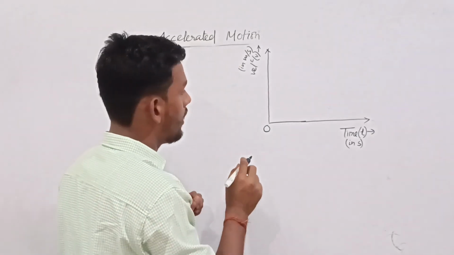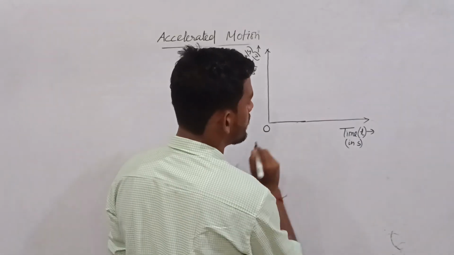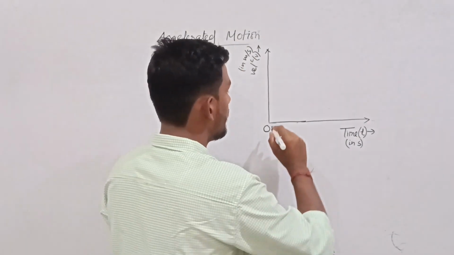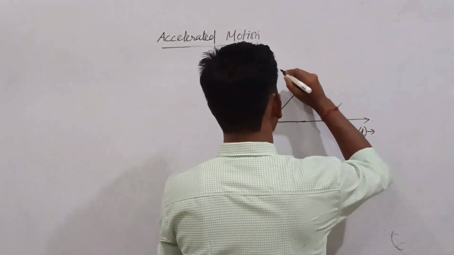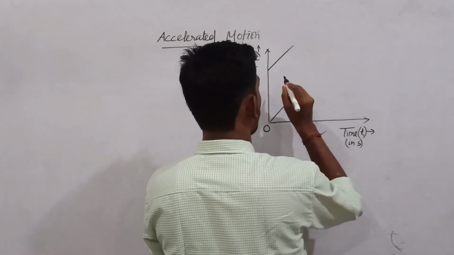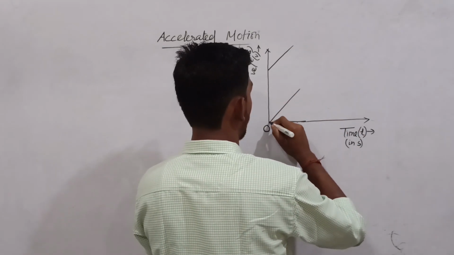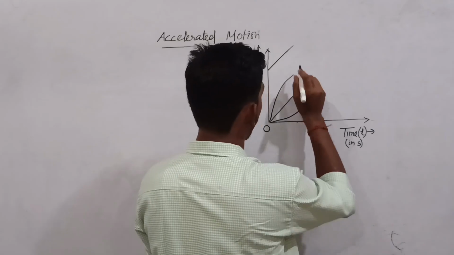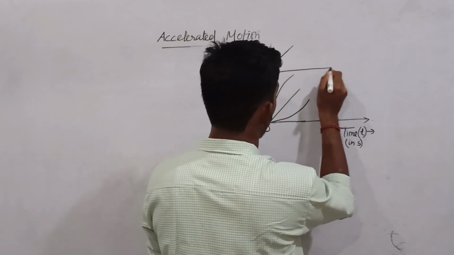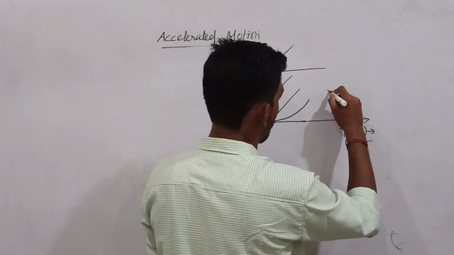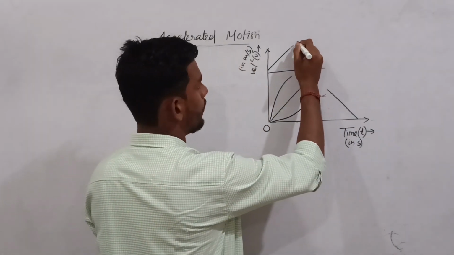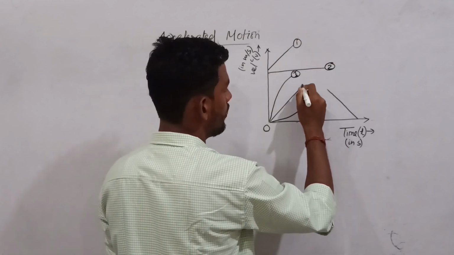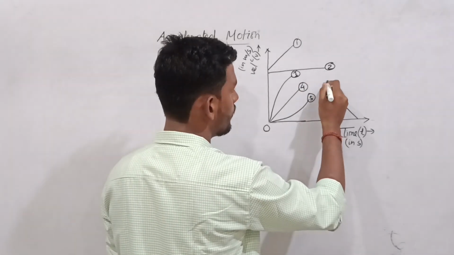Clear? Now see, I will give you six different graphs for the accelerated motion. Say this is a graph. This is number 1, number 2, number 3, number 4, 5, 6.